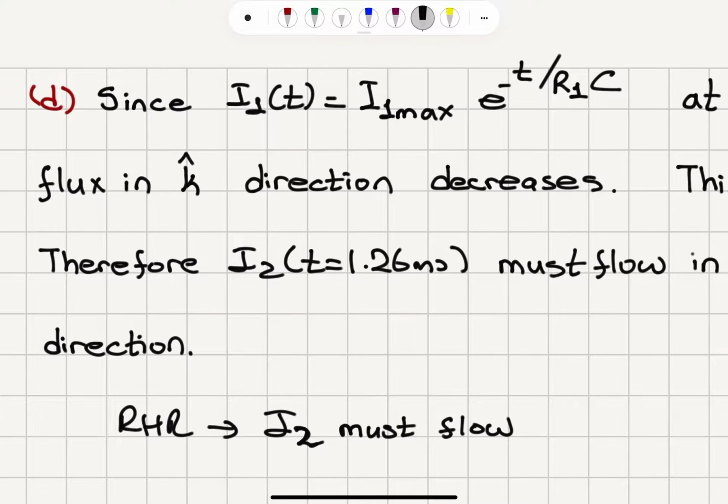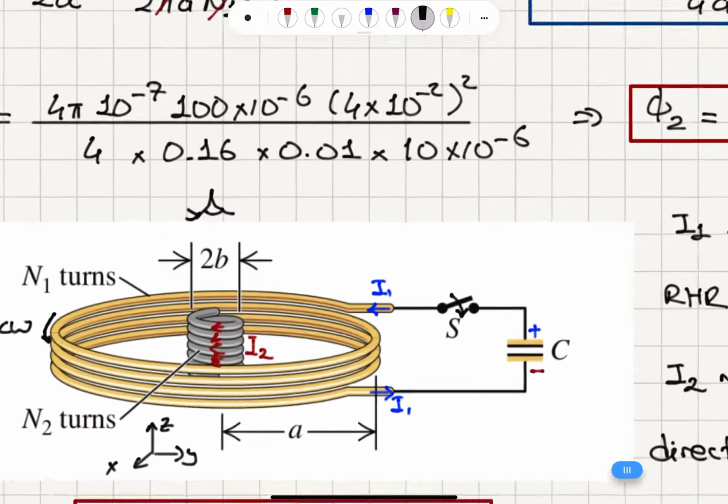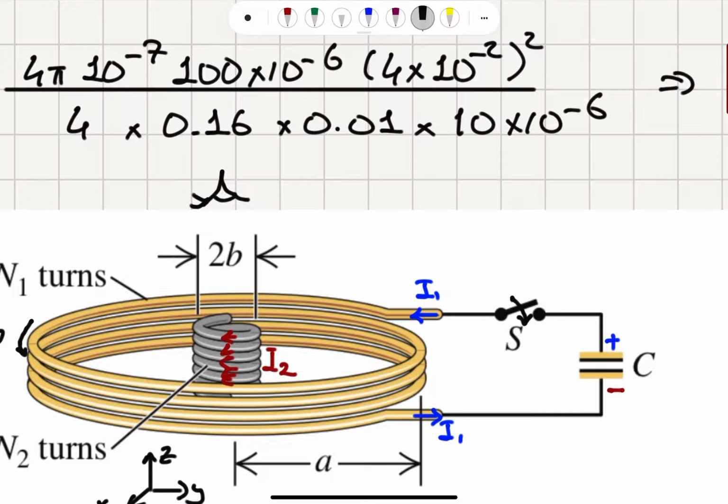So it's opposing the decreasing flux in k-hat direction. Therefore, I2 must flow in which direction to create a flux in k-hat direction? You can see, looking from the top here, I2 must flow counterclockwise.